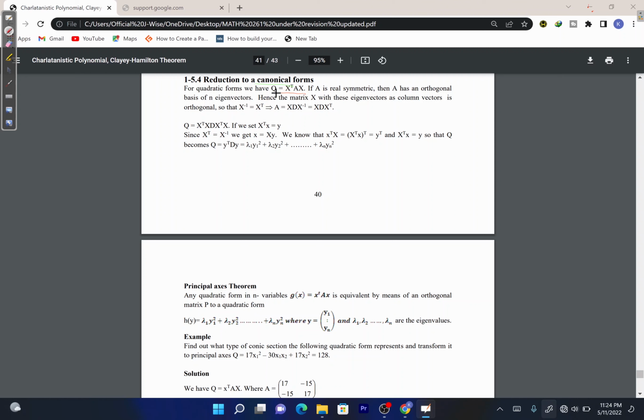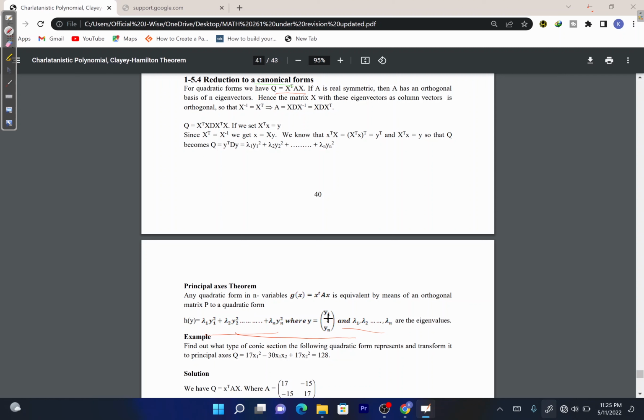To transform a quadratic form to a canonical form, we go through some steps. Then we apply the principal axis theorem, which states that when you have n eigenvalues, the canonical form is given by this.